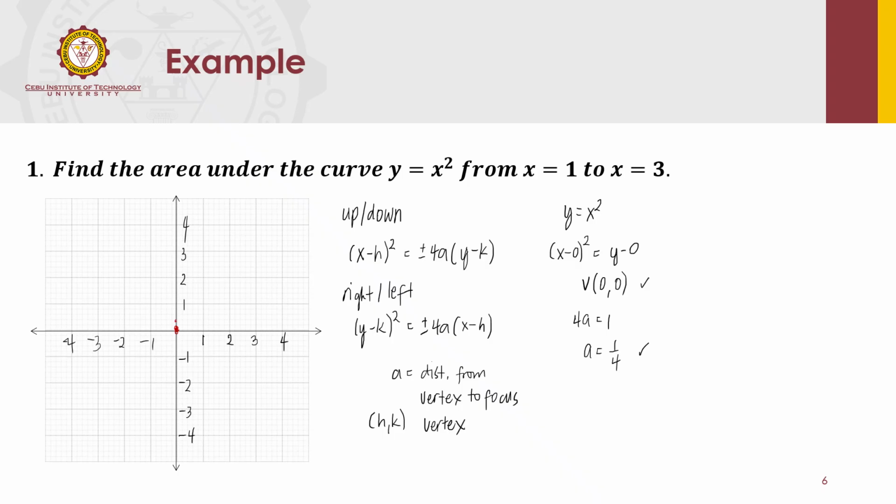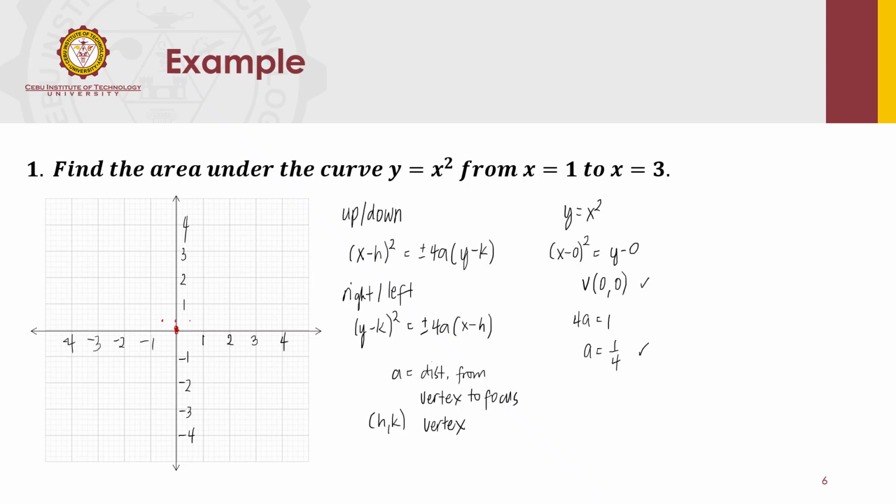And then from the focus, you count 2 times a units to the right and also to the left. So basically 4 times a is the distance between 2 points on the parabola. Okay, so 1/4 times 2 is 1/2. So we're going to have 1/2 unit to the right of the focus and also to its left. So you have another 2 points.